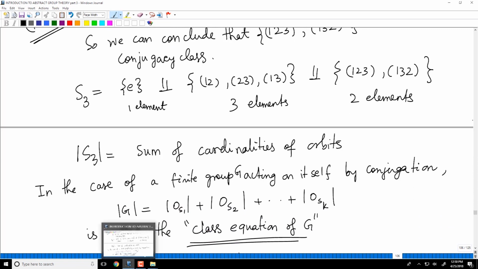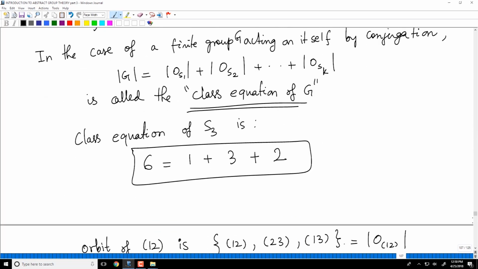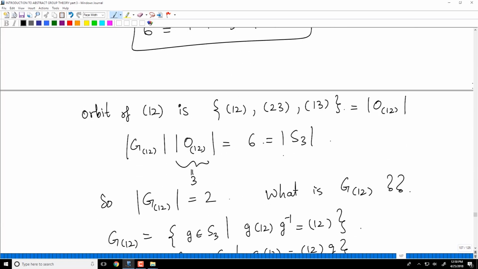So the class equation, which is simply the expression of the order of the set as a sum of sizes of orbits, in this case is 6 equals 1 plus 3 plus 2. There are 3 orbits of sizes 1, 3 and 2, so they add up to 6, and we noted that 1 divides 6, 3 divides 6, 2 divides 6, as we would expect, because orbit size divides the order of the group.